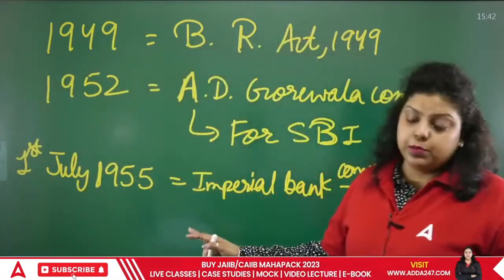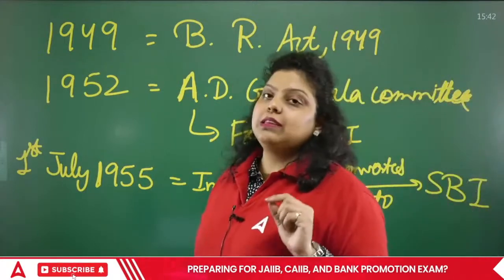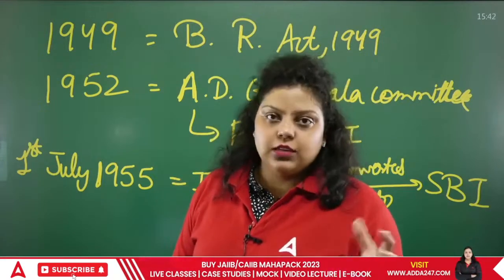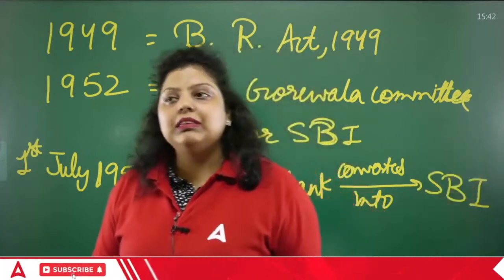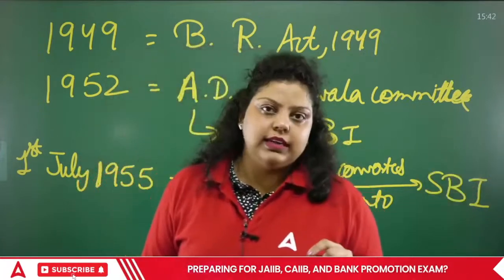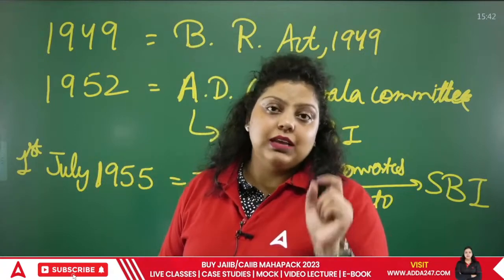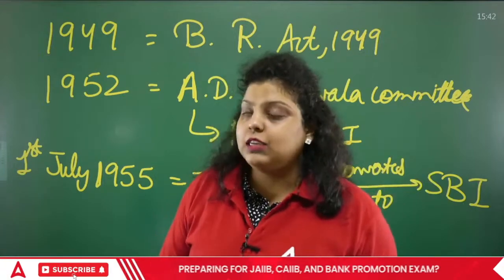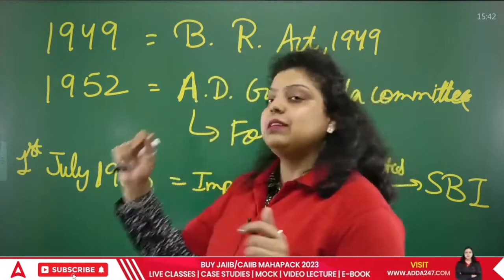This date is also important as GST day because we have to read fiscal policy in the Indian economy subject. In fiscal policy there will be taxation, obviously, because fiscal policy is the budget of the Government of India, and the budget will never be completed without taxes. The major and very important tax of our economy is GST. GST was introduced on 1st July 2017. So 1st July is celebrated as GST day as well as SBI establishment day.